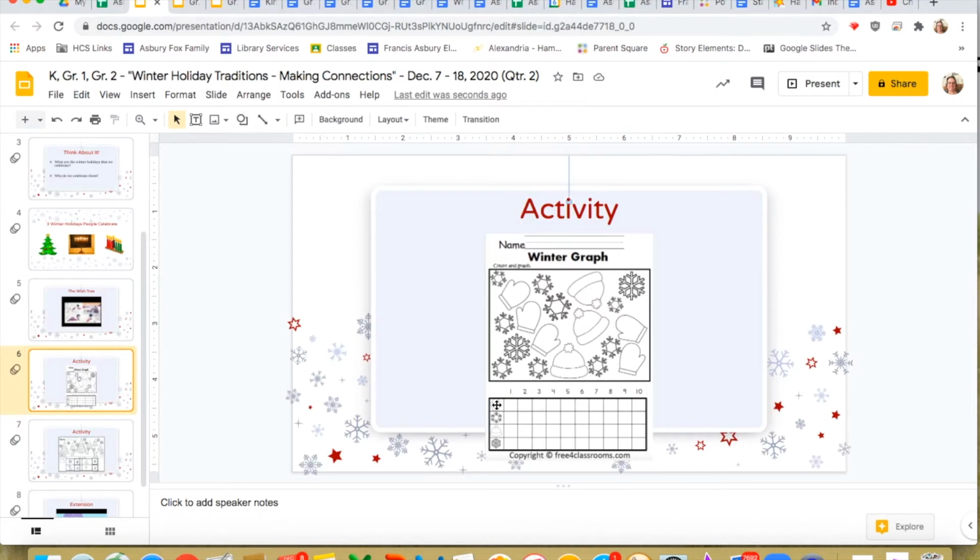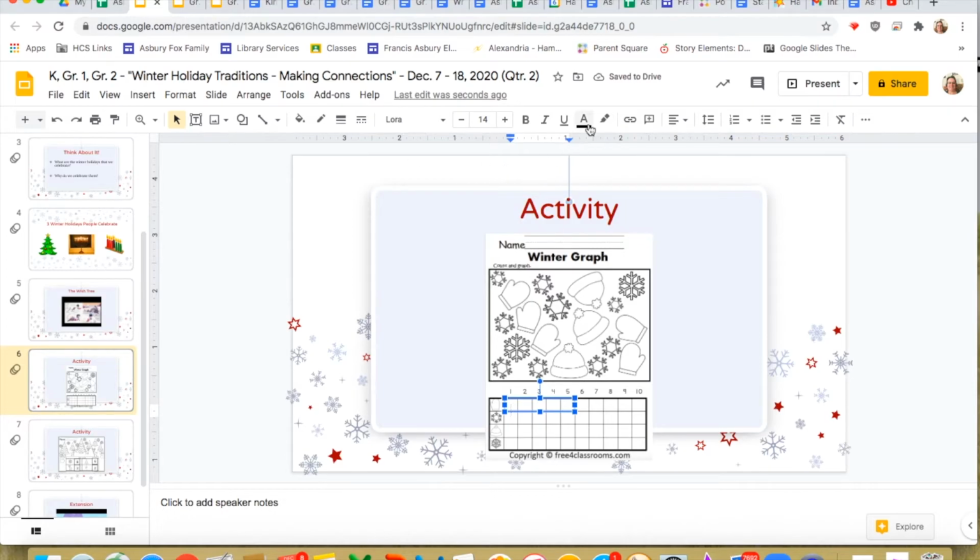Let's count how many mittens there are. We have 1, 2, 3, 4, 5. So you're going to color in 1, 2, 3, 4, 5 boxes. So Miss T is going to go ahead and she is going to color in 5 boxes.